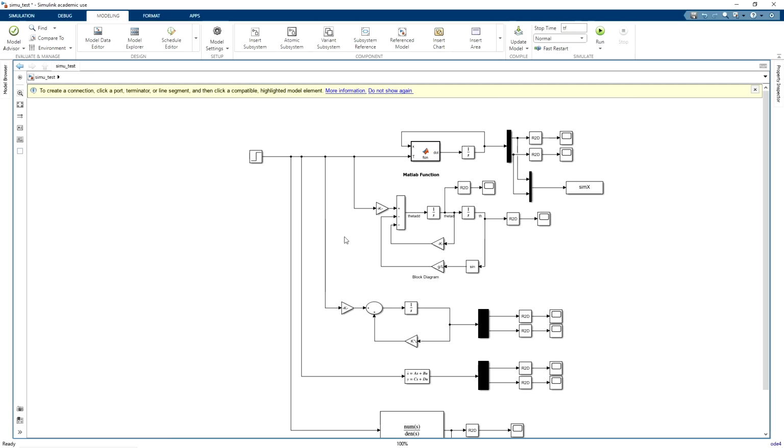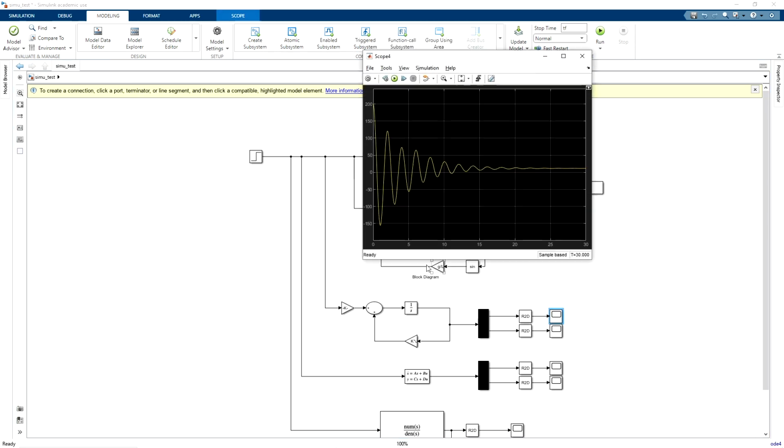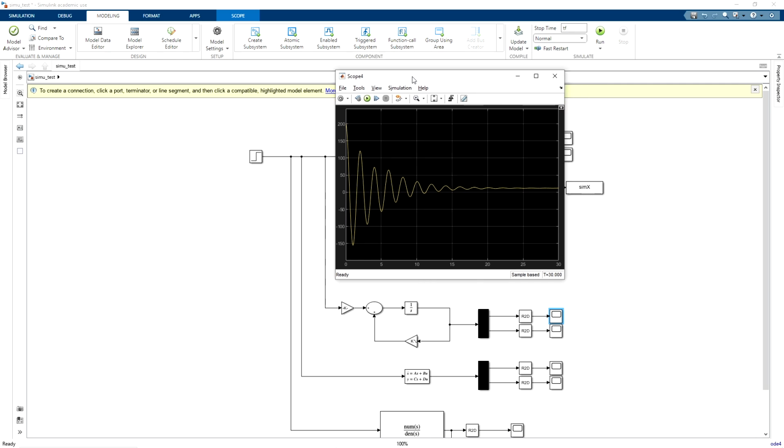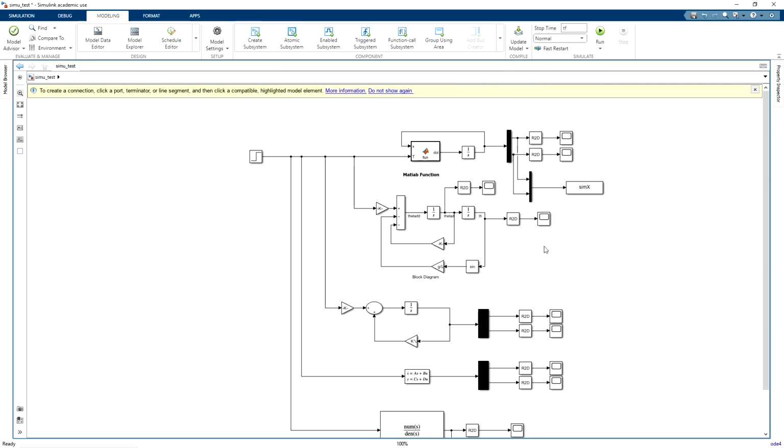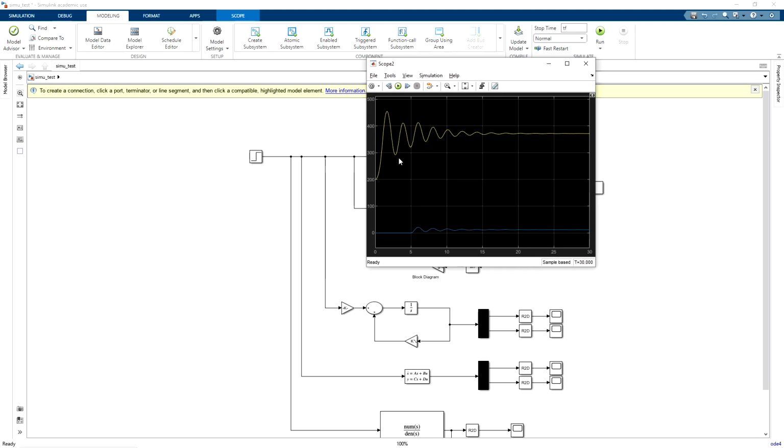Let us see now. Now this is the block diagram. All right, let us first check this. Now this is, as per the block diagram, theta. So here it is rightly predicting and settling towards 11.8 degrees, and this was the previous response.